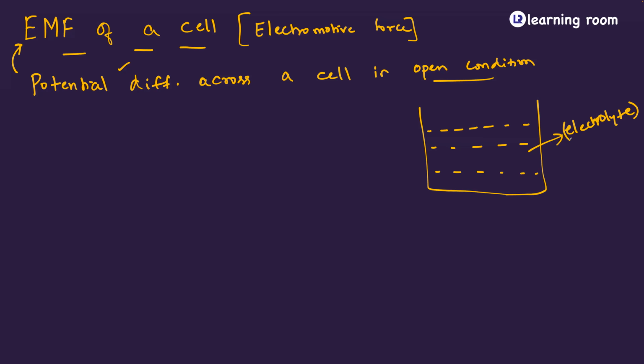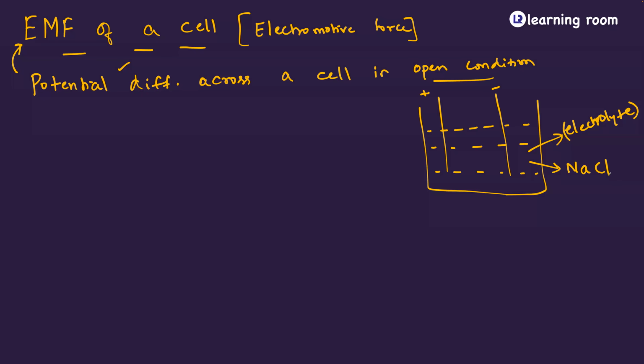So what does this electrolyte do? Whenever you supply energy to it, it can get split into ions, right? Inside this electrolyte, you will have two electrodes placed like this, which are called the anode and the cathode. Positive is the anode and the negative is the cathode. Let us assume that this electrolyte is NaCl.